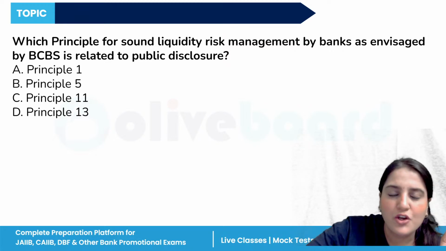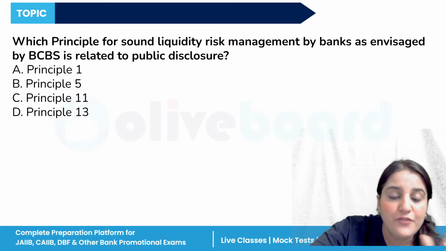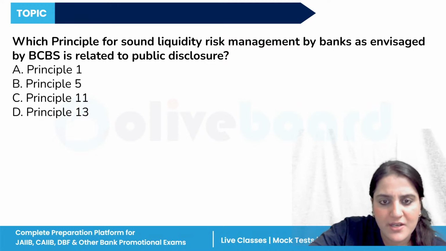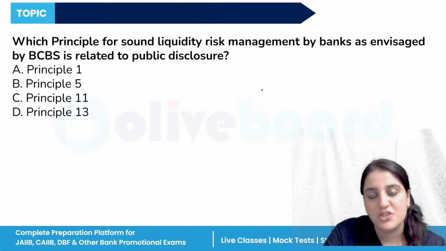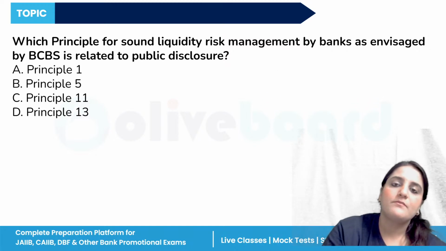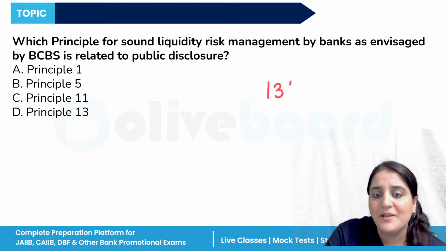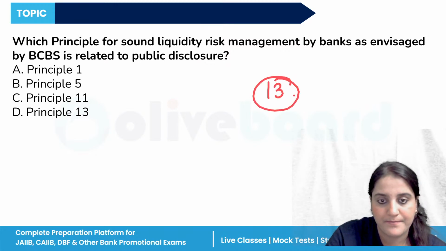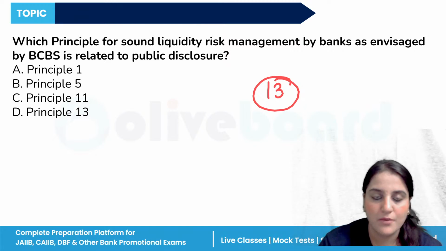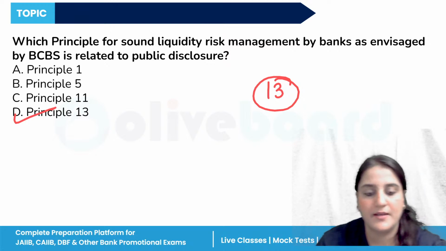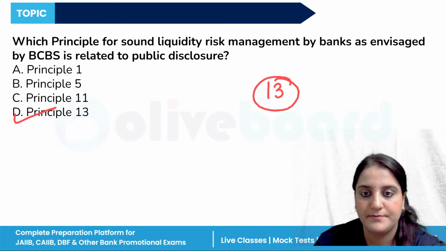See, after the global financial crisis, in recognition of the need for banks to improve their liquidity risk management, the Basel Committee on Banking Supervision published the principles for sound liquidity risk management and supervision. And here principle 13 is related to the public disclosure. So answer D is correct here. Yeah, answer D.